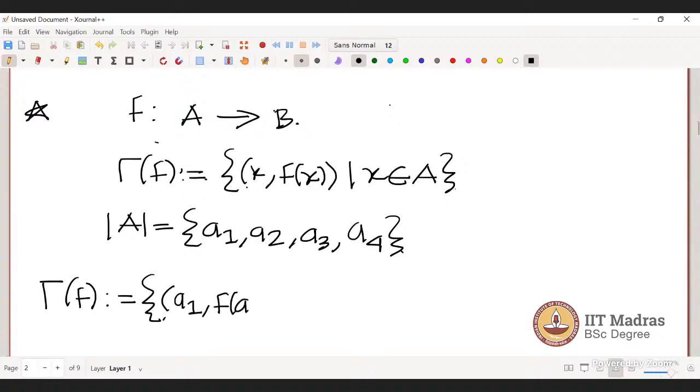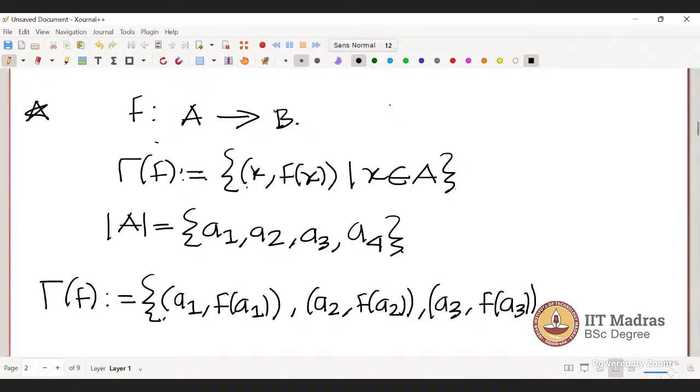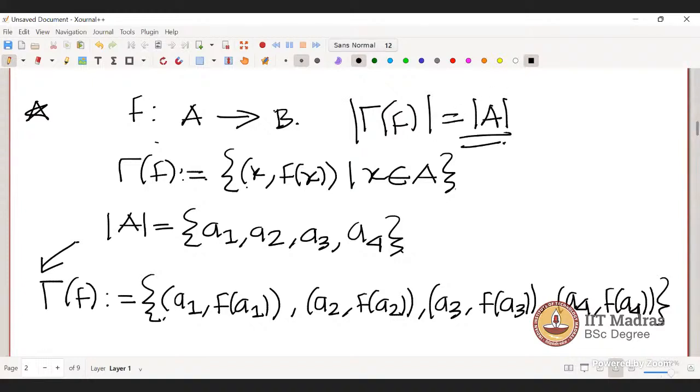It's basically the pair A1 comma f of A1, then A2 comma f of A2, and so on. So what is the cardinality of this set? It's 4. Basically the cardinality of f is the same as the cardinality of A. So in particular, I can say that it's less than the cardinality of A times the cardinality of B, right?